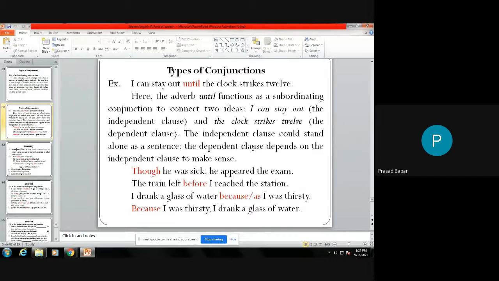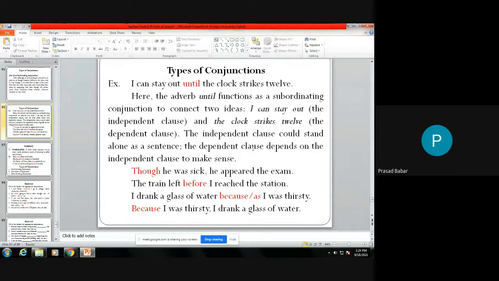Why? Because it is dependent on the next part of the sentence. Okay, before I reached the station, the train left. Okay, मी स्टेशनला पोहोचण्यापूर्वी गाडी सुटली. Okay, so these are the two clauses.